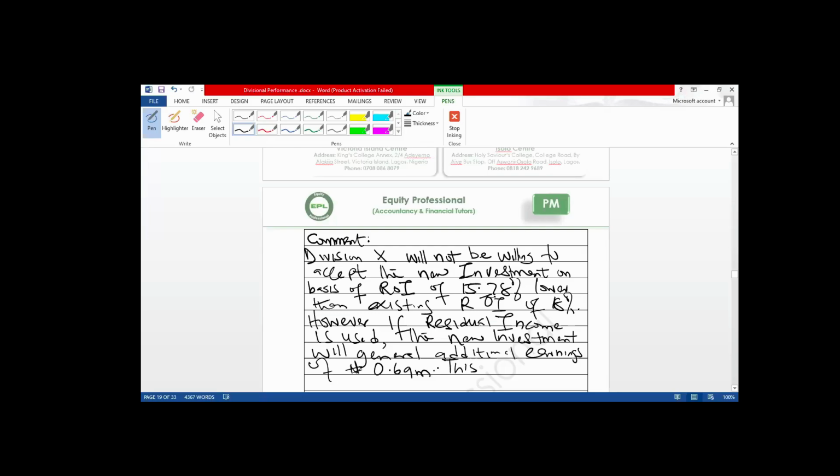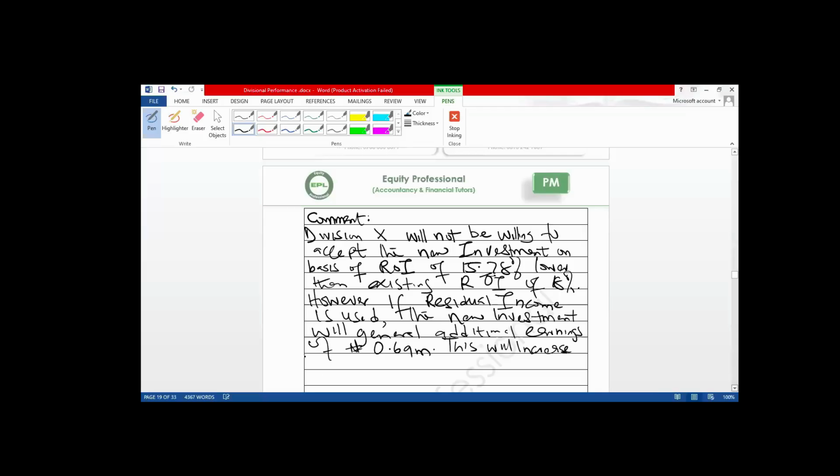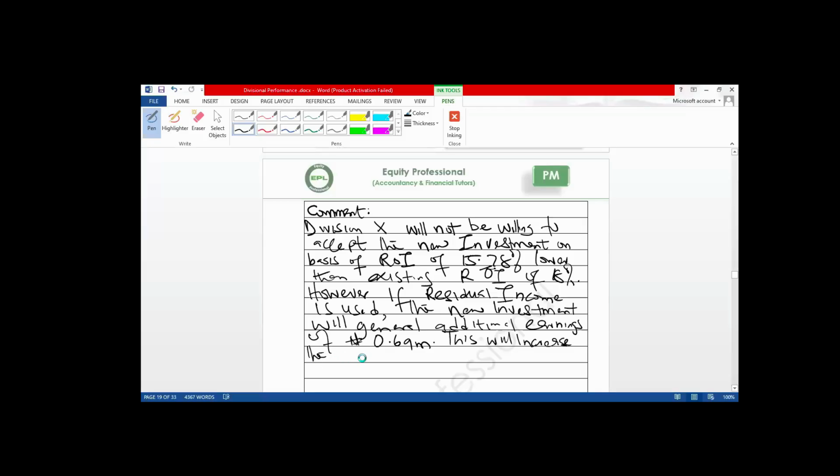This will increase the wealth of the shareholders.